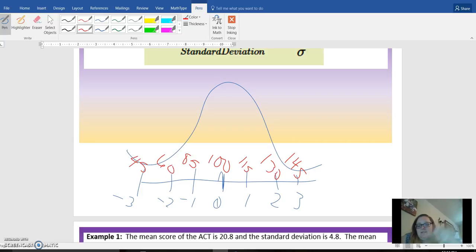If we took another test and the mean was 70 and the standard deviation was 7, it still standardizes it. All right, so let's do some problems in the next video.